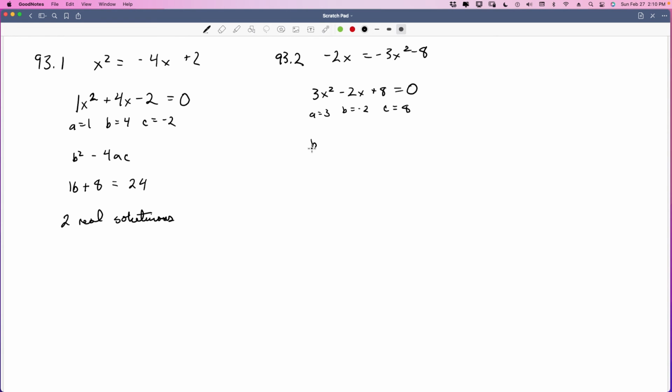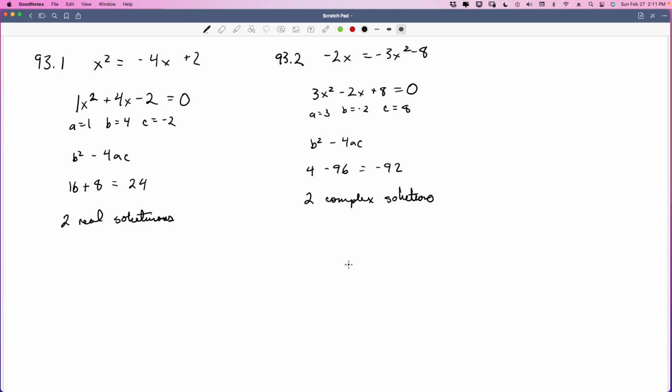So b squared minus 4ac, we have 4, and then 4 times 3 is 12, 12 times 8 is 96. That's going to be negative 96. That's going to equal negative 92. So that means we're going to have two complex solutions. All right. Without even actually doing the problem, we can tell that already.